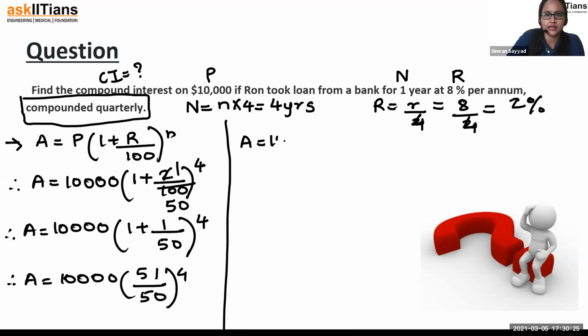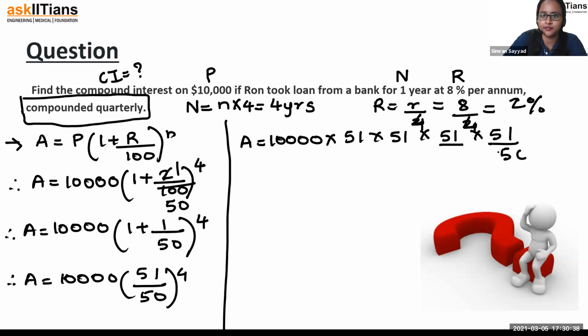So A is equal to 10,000 into 51 into 51 into 51 into 51, whole divided by 50, 50, 50, 50. You cancel out all the zeros and calculate it.